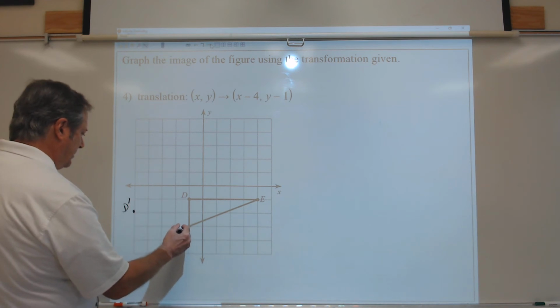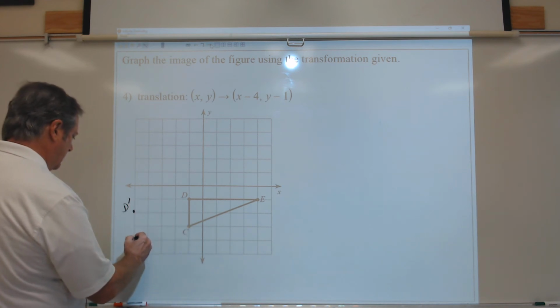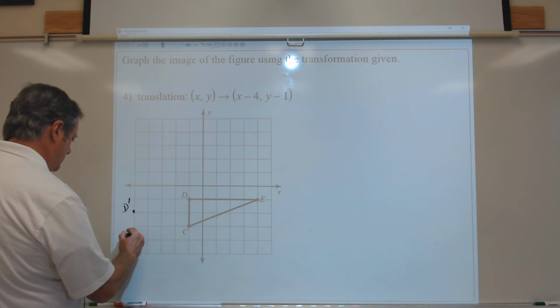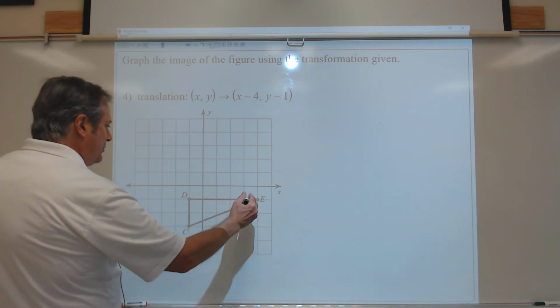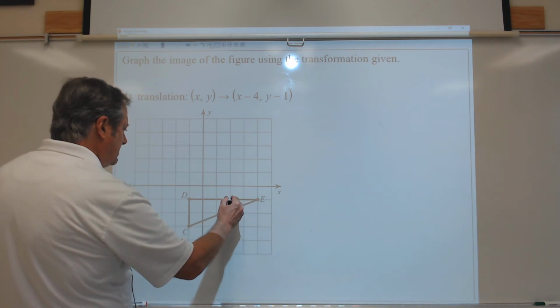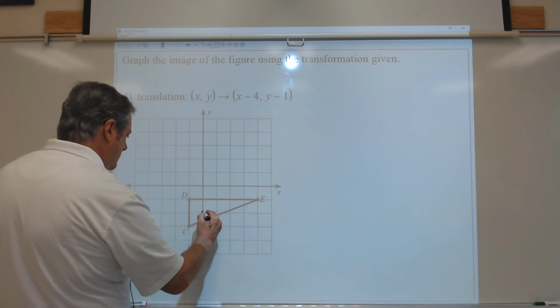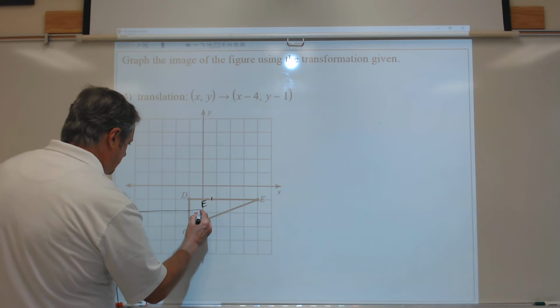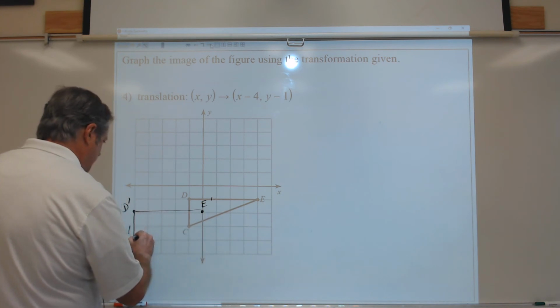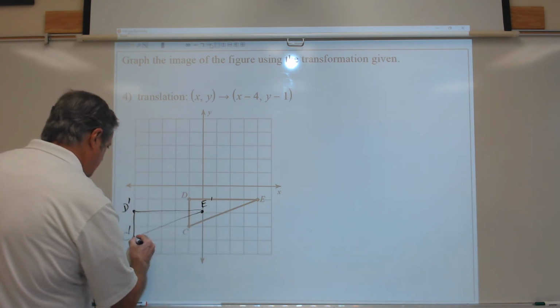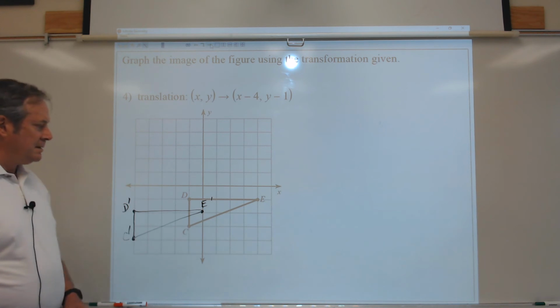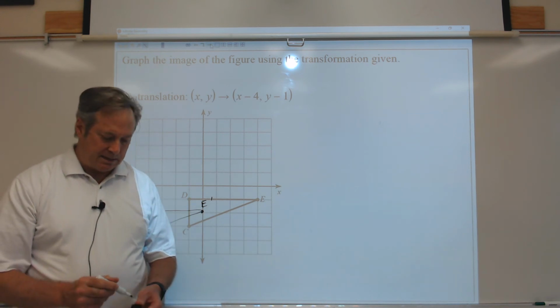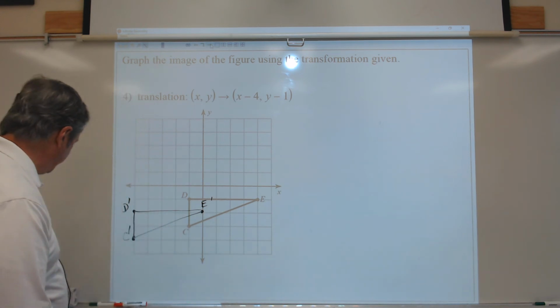C becomes C prime, 1, 2, 3, 4, and down 1. E becomes 1, 2, 3, 4, and down 1. All right. So there you have it. And this too is an isometry.